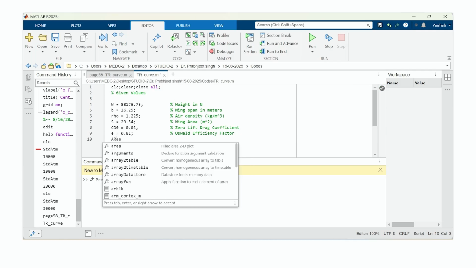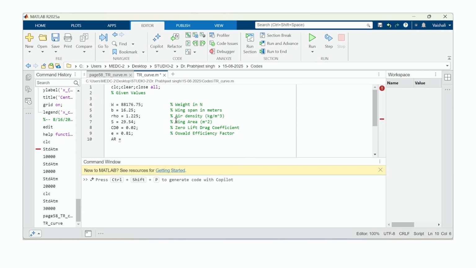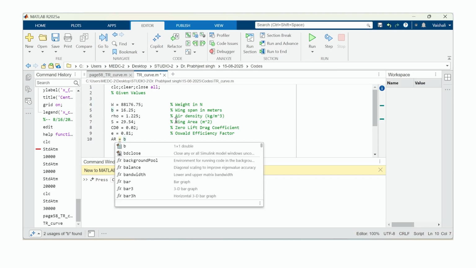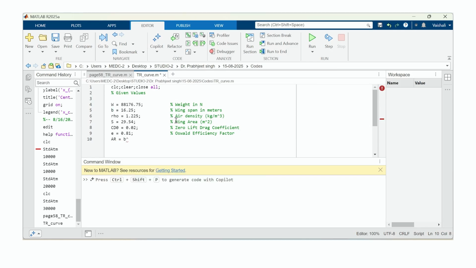Next is aspect ratio. Let me denote it by AR equals B square upon S. B we have already defined. Then we find the induced drag correction factor, capital K, equals 1 upon pi E AR.